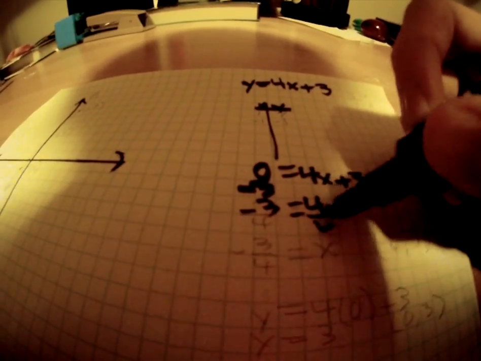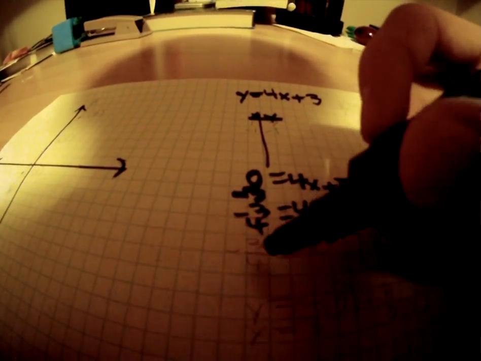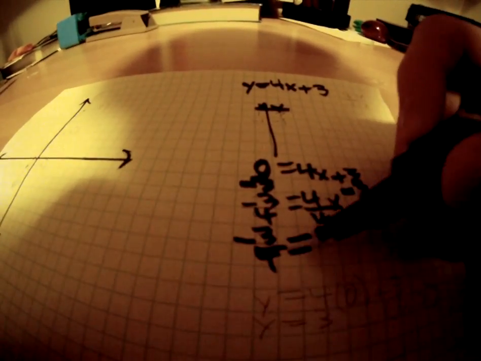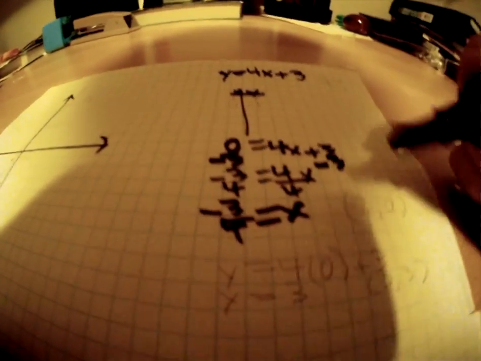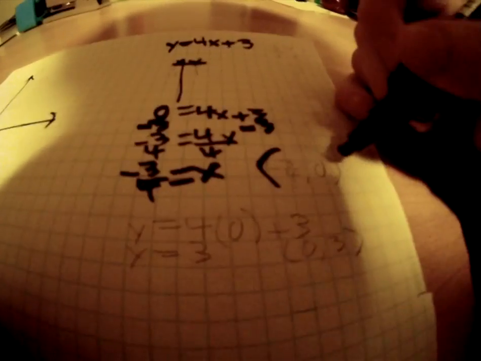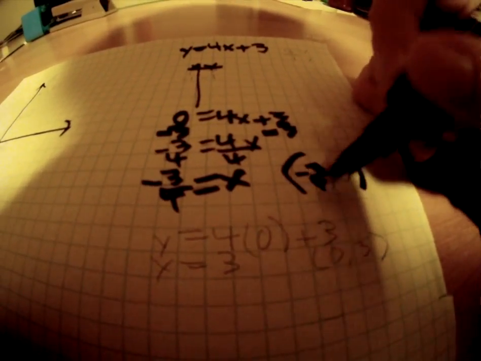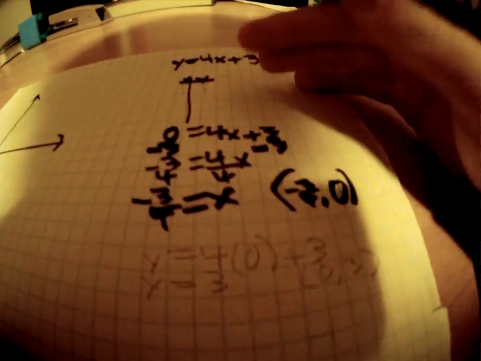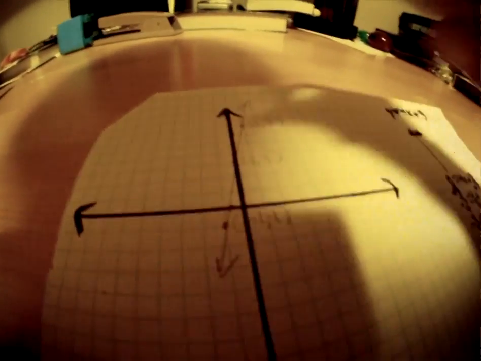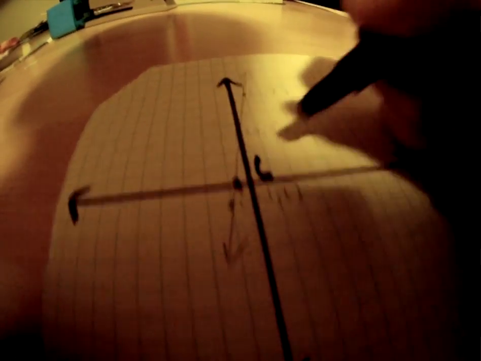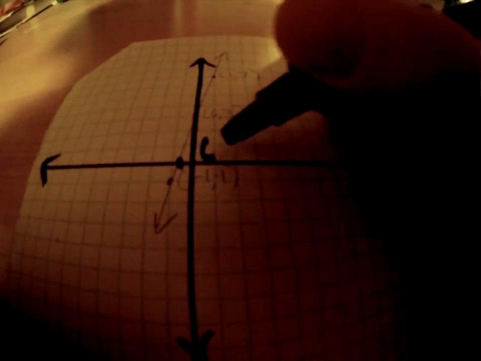Then divide both sides by 4 to get negative 3/4 is equal to our x-intercept. And if we wanted to plot those points as an ordered pair, it'd be negative 3/4, comma 0. And so that would be just about there on our graph.